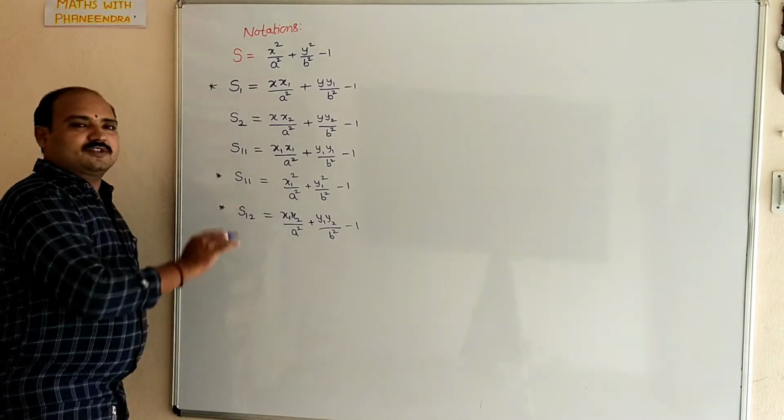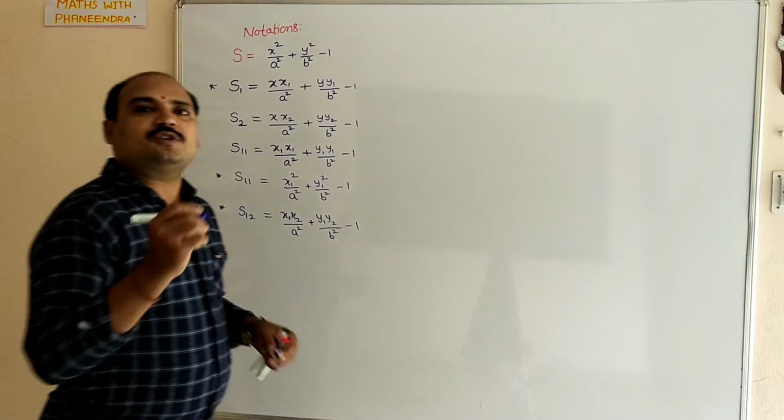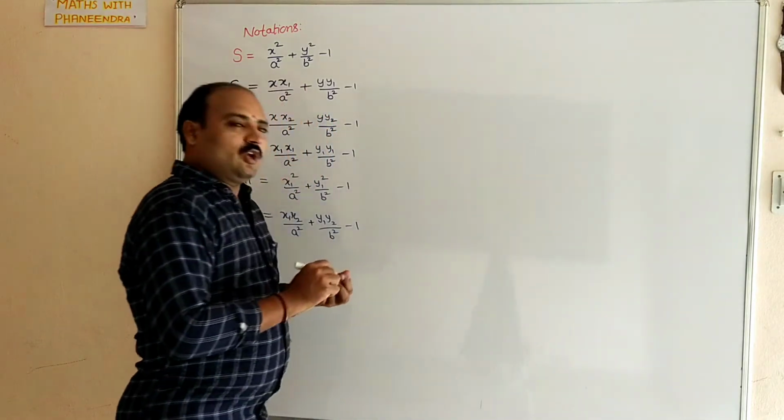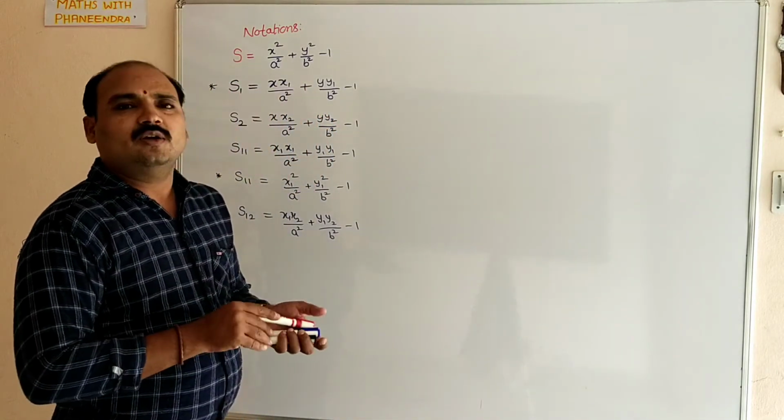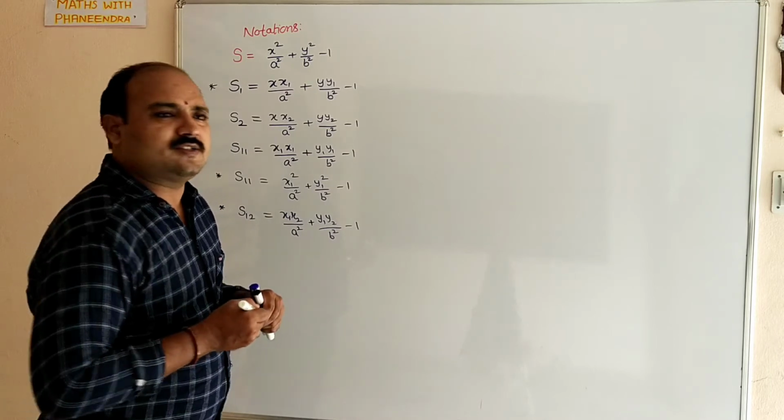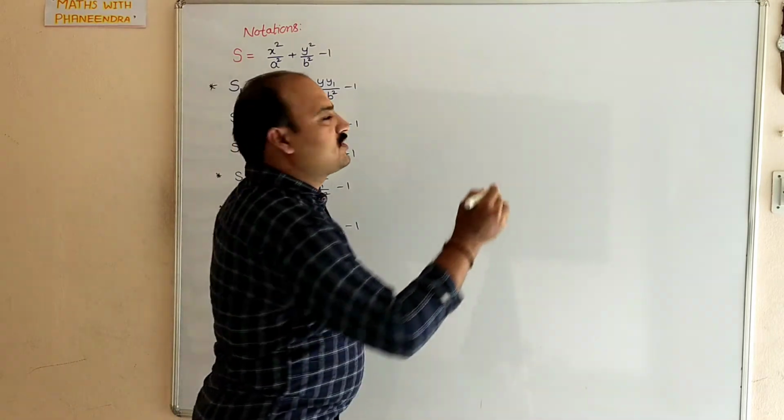Regarding ellipse we discussed the notations. After that, the equation of tangent. The equation of tangent, a very simple way, just a revision class it is. After that I will enter into the problems.